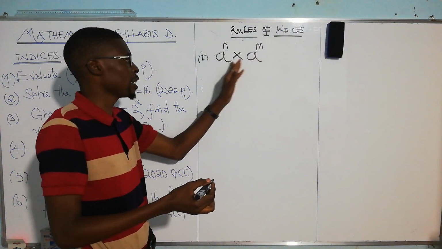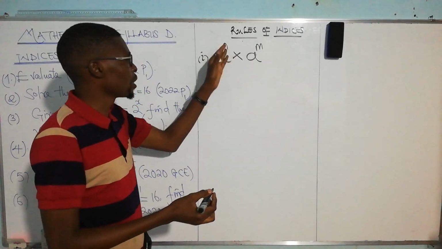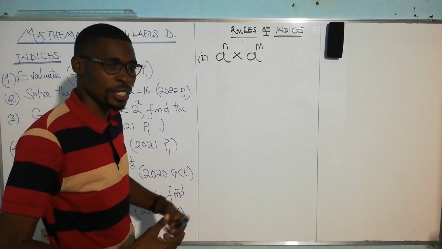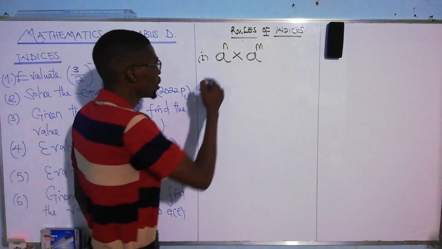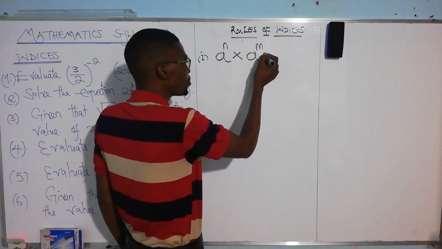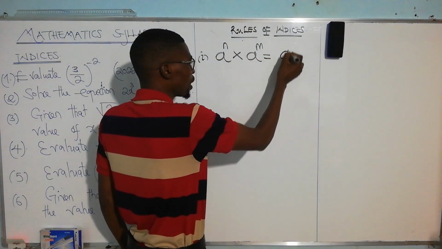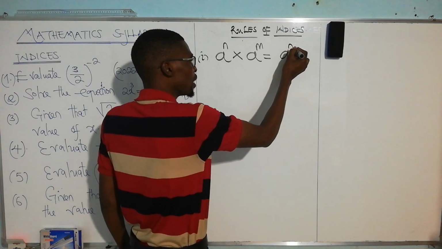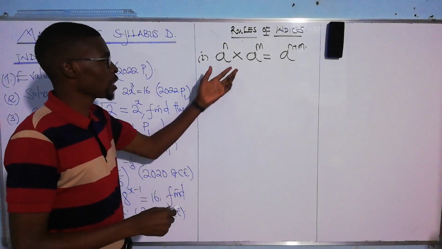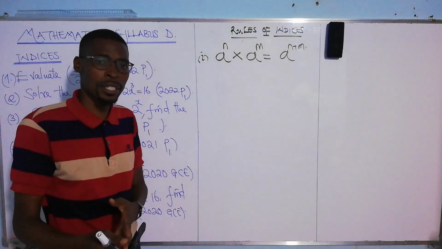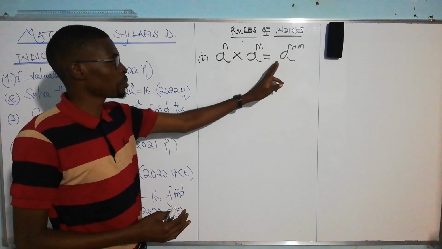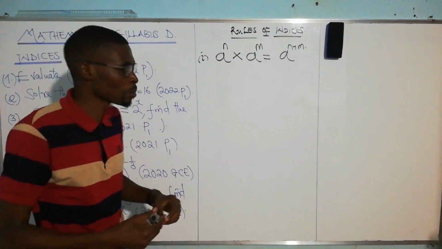We have base a here, and there we have base a, and the exponents are different, but they may also be the same. It doesn't matter. So a exponent n multiplied by a exponent m gives a exponent n plus m. So when you're multiplying two indices having the same base, you just maintain the base and add the exponents.